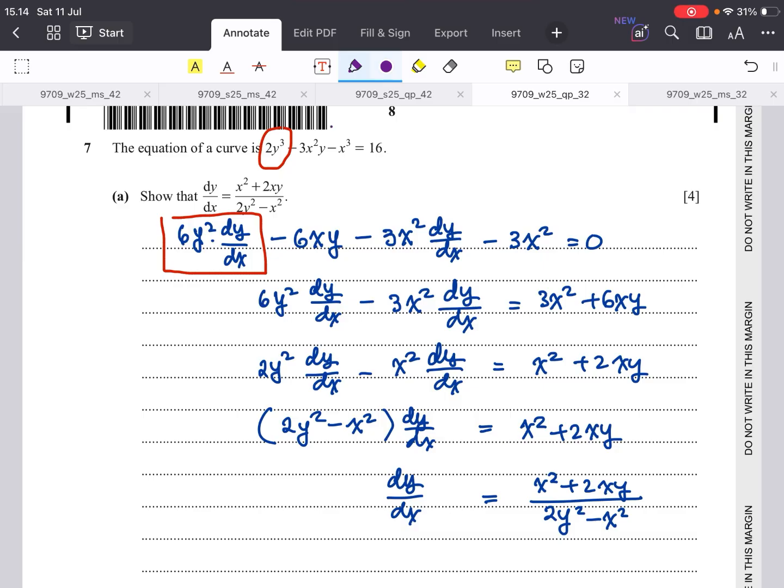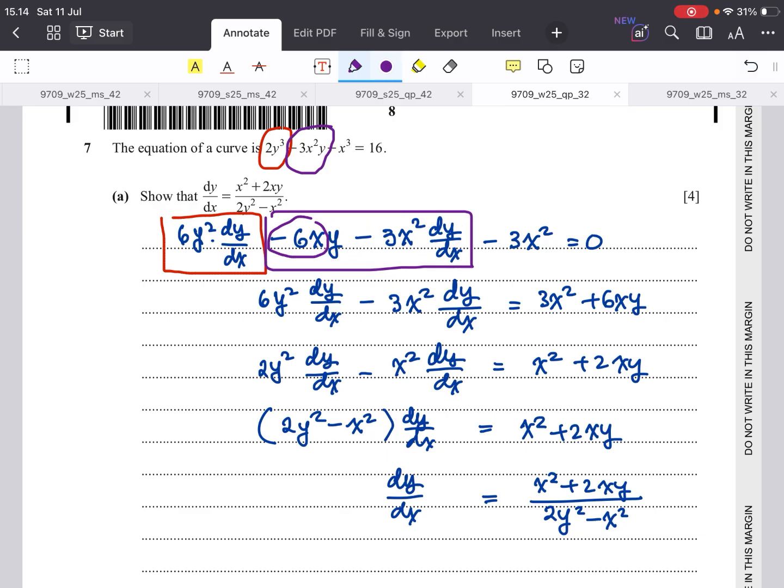And then the next term, the differentiation of minus 3x squared y with respect to x. I'm using the product rule. The differentiation of uv is u prime v plus uv prime.